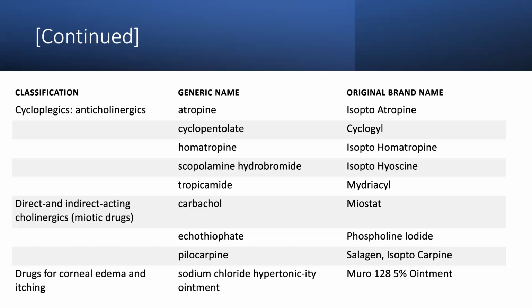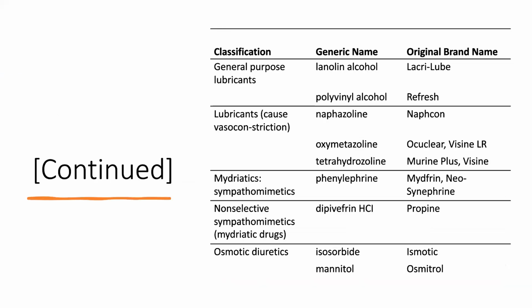Drugs for corneal edema and itching include sodium chloride hypertonic ointment. There are some general purpose lubricants like lanolin alcohol or polyvinyl alcohols. Then the vasoconstrictors: naphazoline, oxymetazoline, tetrahydrozoline. We have some mydriatics, sympathomimetics, phenylephrine. We have non-selective sympathomimetic mydriatic drugs, dipivefrin hydrochloride.